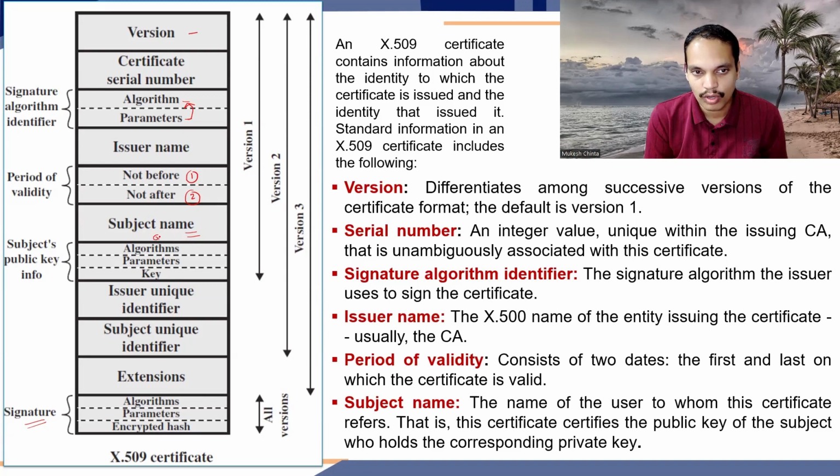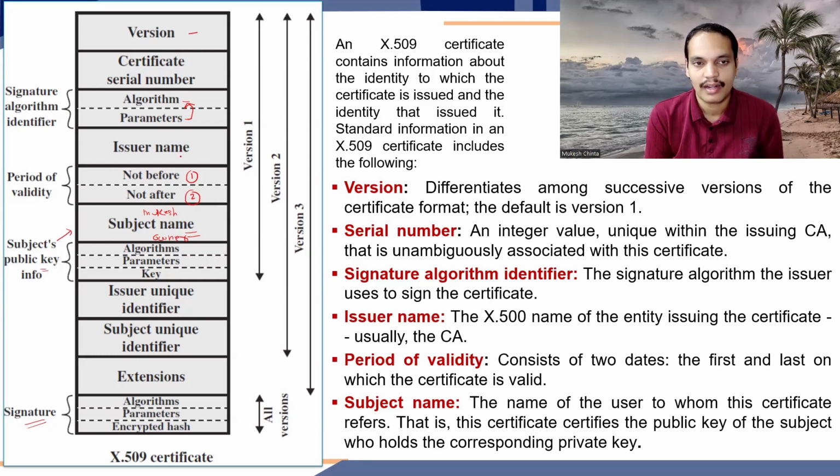So this is the owner of the certificate, or this certificate is going to tell you that this particular public key belongs to this person. So my name is, let us say, Mukesh. If the subject's name written here is Mukesh, then automatically this certificate is going to confirm that the public key which is over here belongs to Mukesh and the corresponding private key belongs to Mukesh. That is what a certificate does.